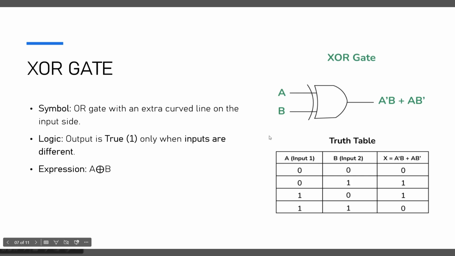Alright, so here 0 0, 1 1, 0 1, 1 0 means here 0 0 and 1 1 are same, it will return 0, false or off, and in all the other cases it will give 1. Alright, see here 0 1 different, 1 0 different, it will return 1.